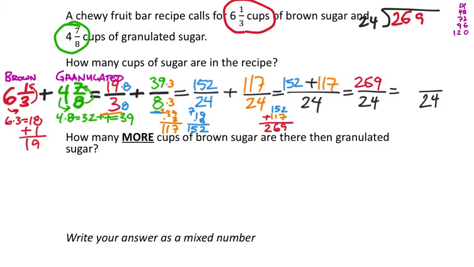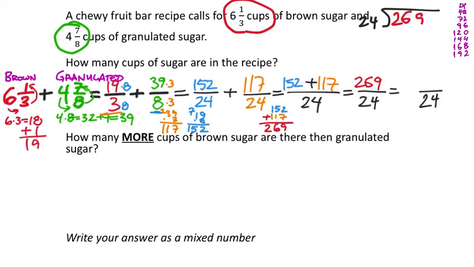I felt like I did something wrong there, but I think we're good. Add another 24, that'd be 144. Add another 24, 168. Another 24, 192. Add another 24. What did we get there?